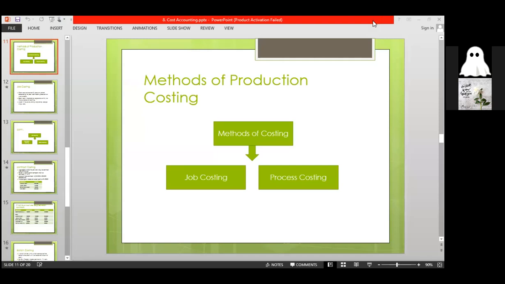So these are the two major methods we saw: job order costing and process costing.